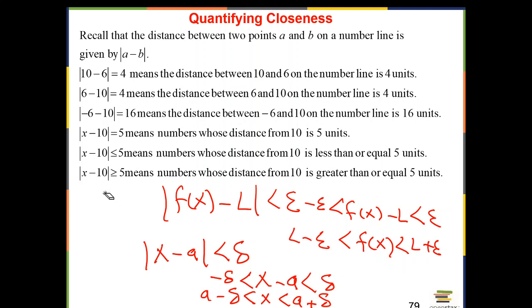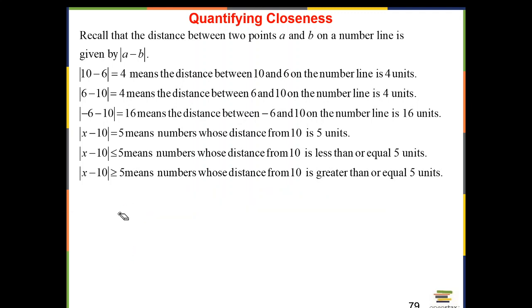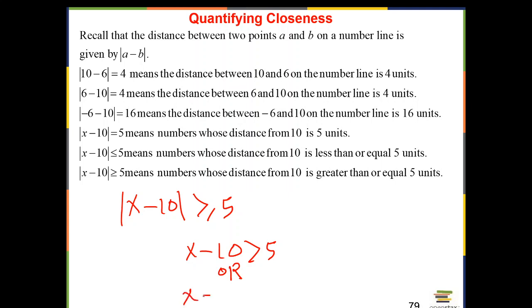So remember, epsilon is on the y-axis, delta is on the x-axis, okay? All right, now what do we mean when we say that absolute value of x minus 10 is greater than or equal to 5? Well, we mean that either x minus 10 is greater than 5 or x minus 10 is less than negative 5.